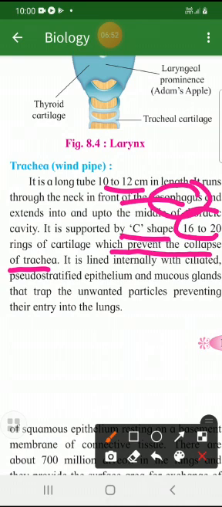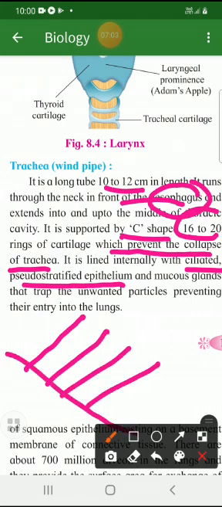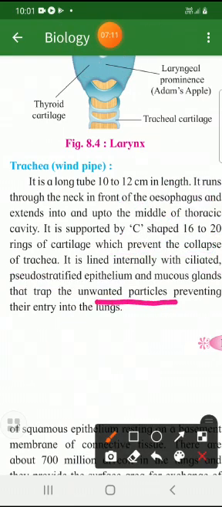Now, what is the special quality of this trachea? They have ciliated pseudostratified epithelium. Ciliated means they have cilia-like structures. What is the use of these cilia? If an unwanted particle has entered, it will be trapped in this ciliated mucus gland.